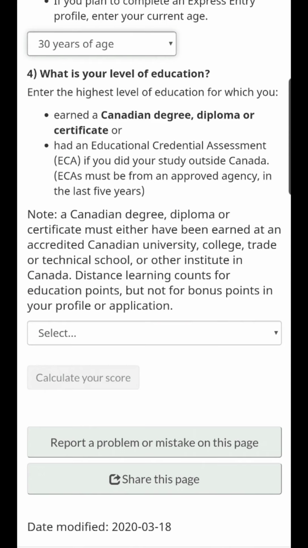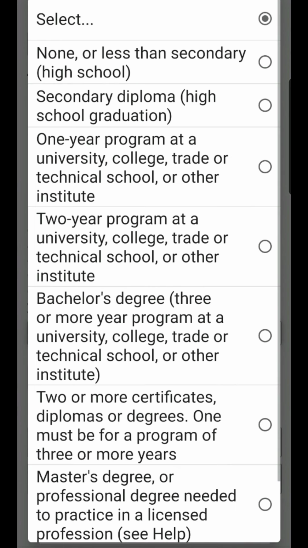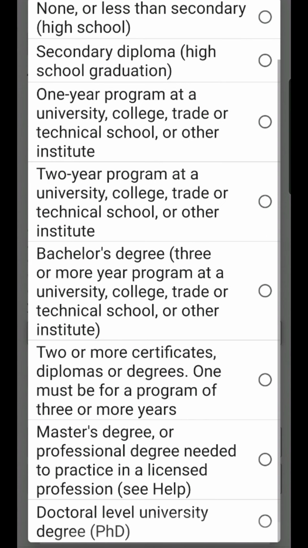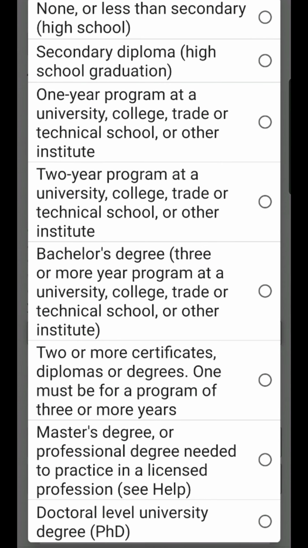For example, if you studied a bachelor degree, you should obtain the ECA report from WES, and here we should mention the degree which is stated in the WES report. You cannot give any degree other than the one in the WES report. I will select master's degree or professional degree needed to practice in a licensed profession.